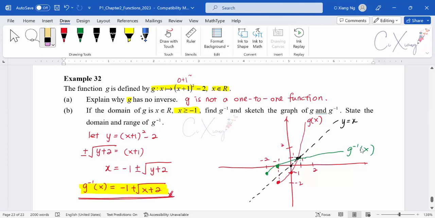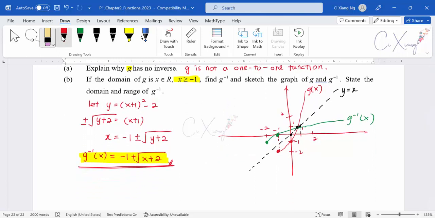All right. Okay, then after that, to complete this part, they want us to state the domain and range for the g inverse. So again, to get the domain for the g inverse, I know that it is equals to the range of g, right? So what is the range of g for this question? You look at the red color graph, the lowest point for this graph is -2.